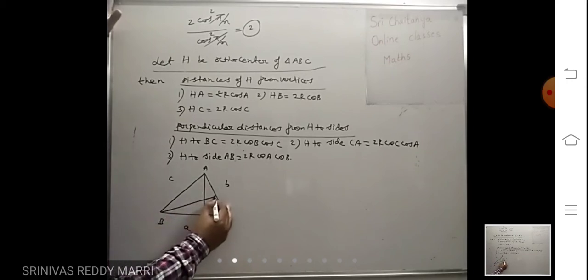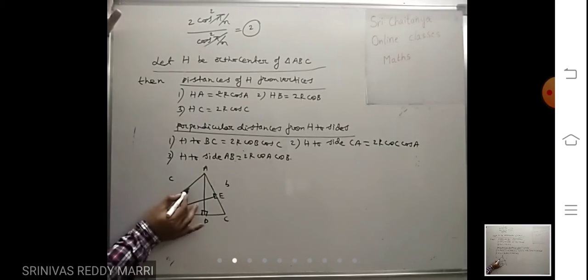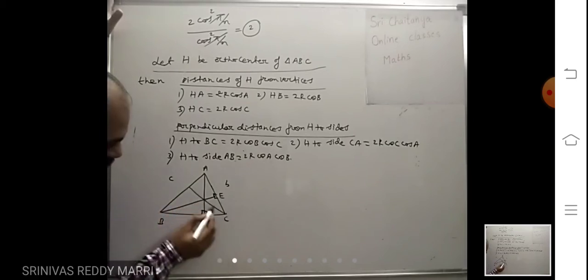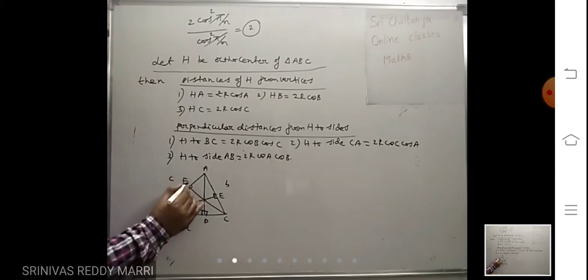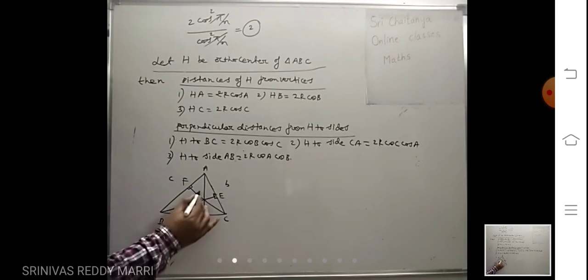This is another altitude BE. This angle will be 90 degree. Similarly, drop one altitude from C upon AB. So this angle will be 90 degree. These are the altitudes AD, BE, CF. Their intersection point is nothing but orthocenter.